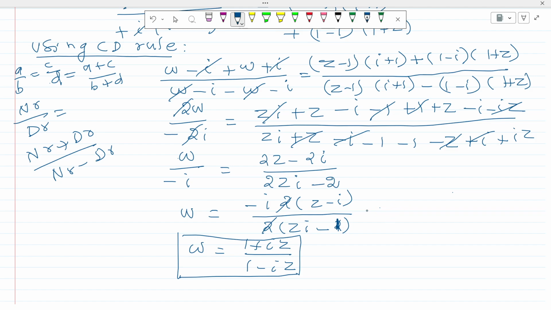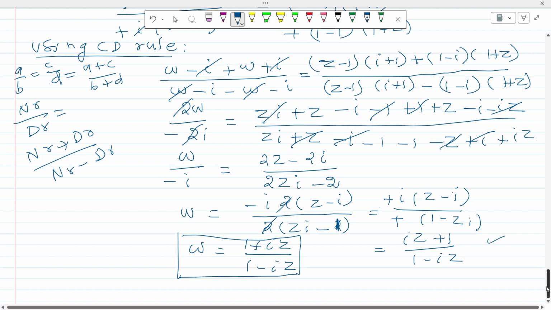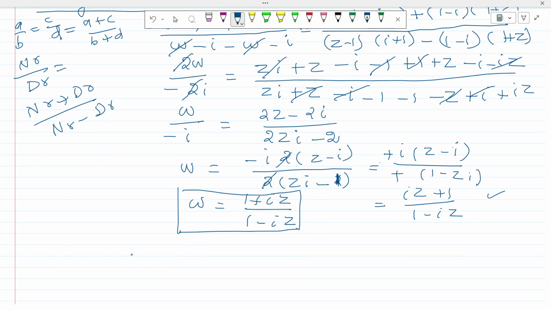Here, how they do it, listen. Here, minus I (Z minus I) divided by, taking minus outside, then 1 minus ZI, that minus minus get cancelled, then multiply here, (I plus 1) divided by (1 minus I). Okay, fine.